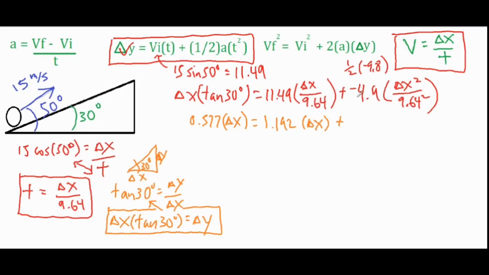And then the negative 4.9 divided by 9.64 squared is going to give us negative 0.0527. And that will give us the coefficient in front of the delta x squared.